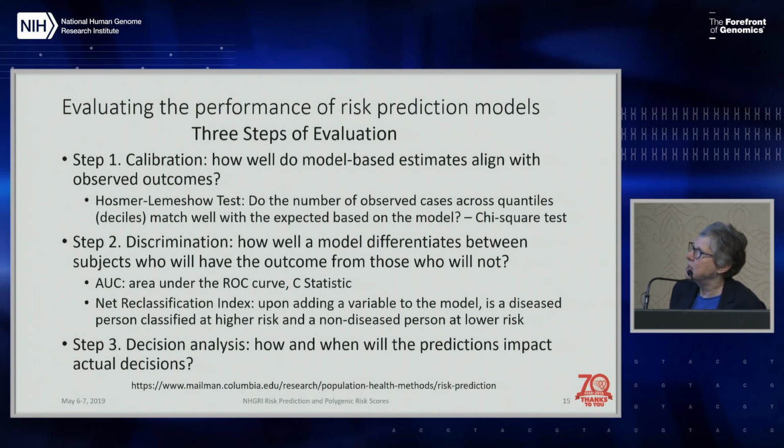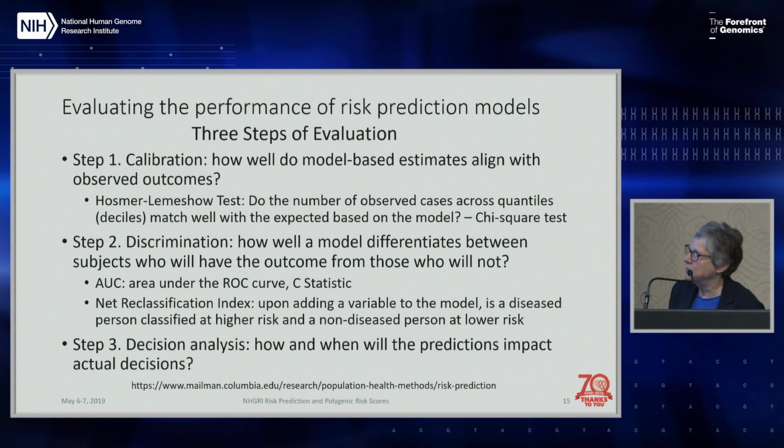In the second step, in discrimination, you're asking how well does the model discriminate or identify people who are going to have the disease versus those who don't have the disease? Can you discriminate? Typical measures used in this context are the area under the ROC curve or the C statistic or the net reclassification index.